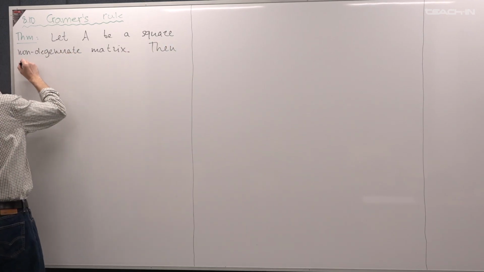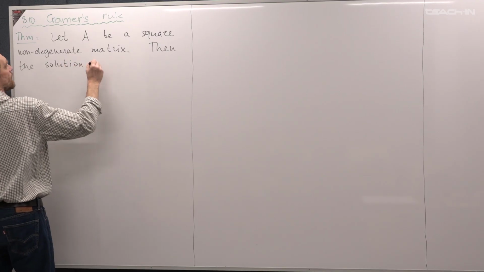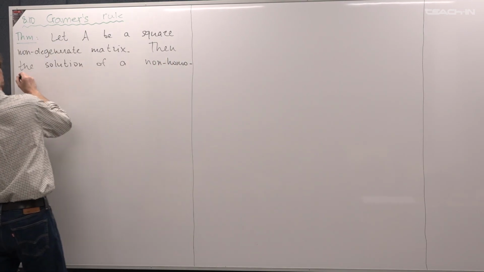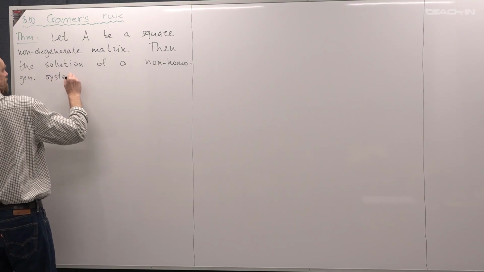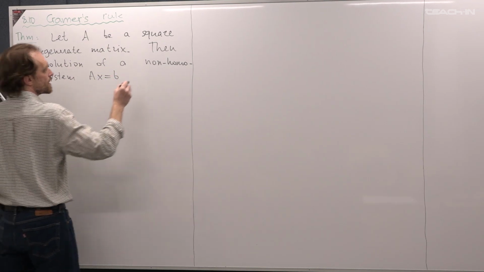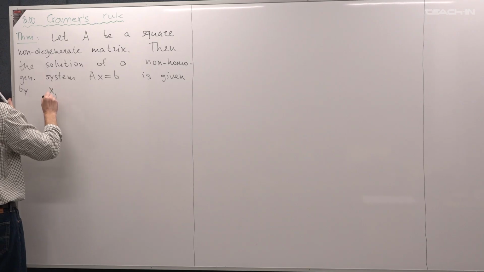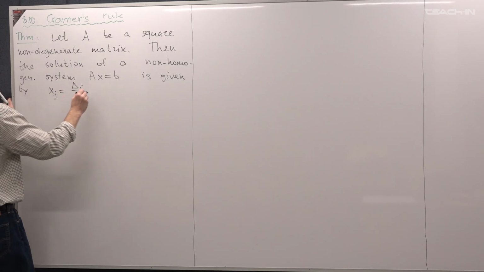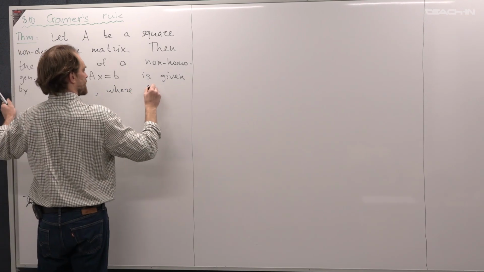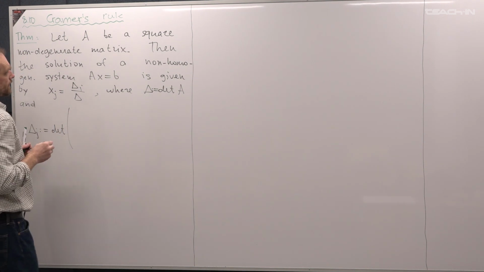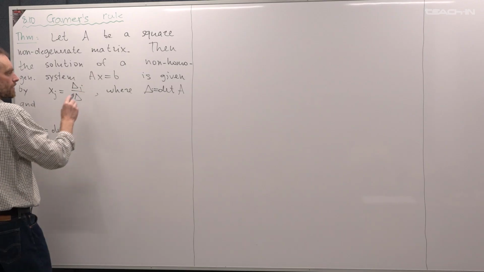Then the solution of a non-homogeneous system A multiplied by x equals b is given by the formulas x sub j equals delta sub j divided by delta, where delta is the determinant of the matrix A, and delta sub j is the determinant of the matrix obtained from A by removing its jth column and replacing its jth column by the right-hand side.